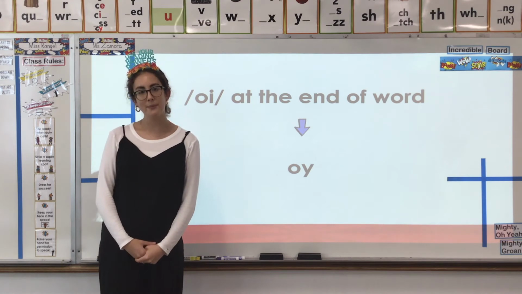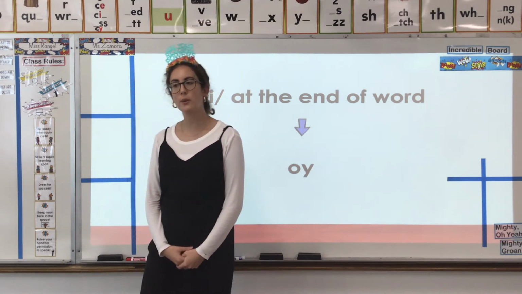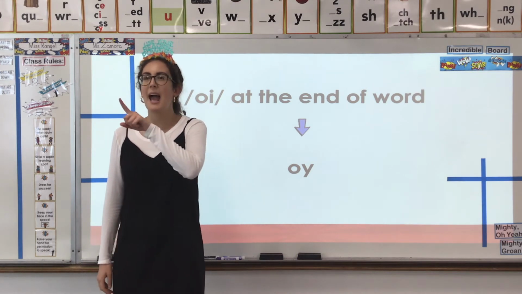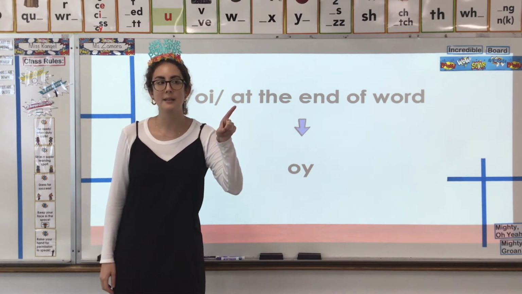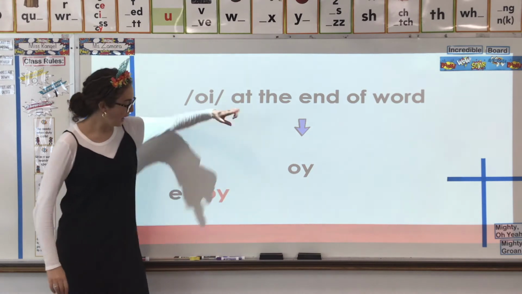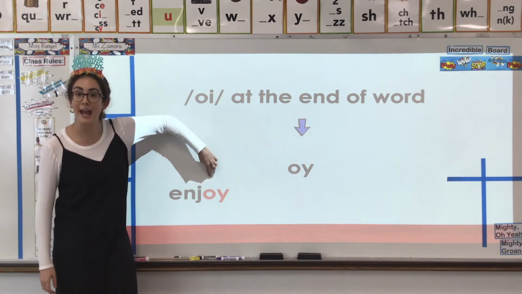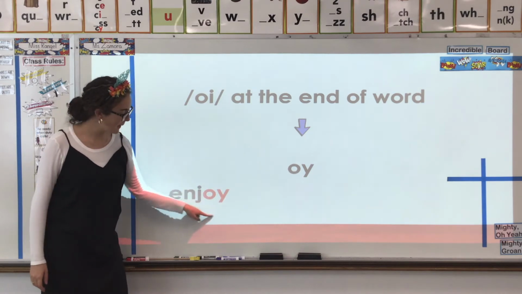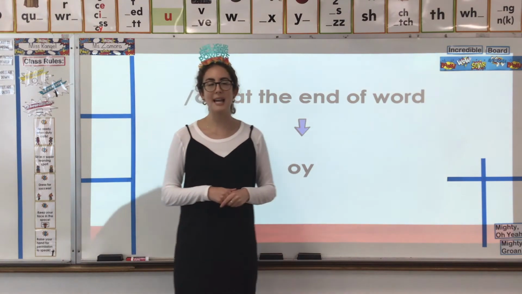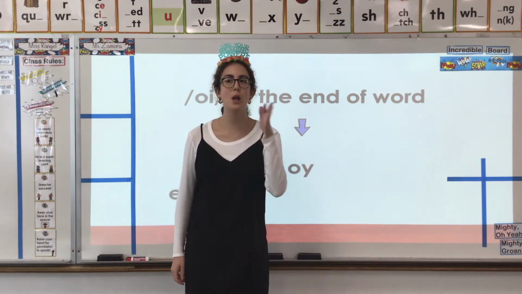So for example, if we were trying to spell the word enjoy, you see that? Enjoy. We hear the oi sound at the end of the word, so we spell it with O-Y. Or like the word ploy.